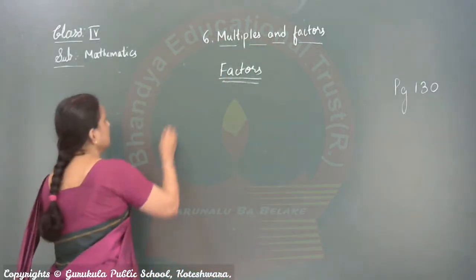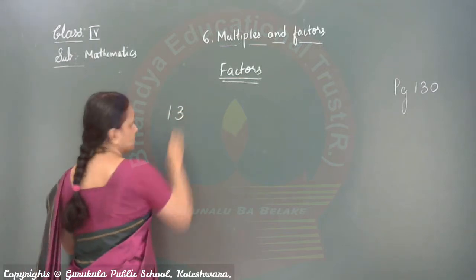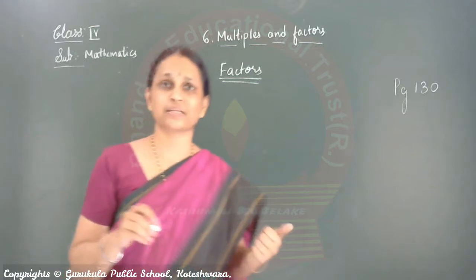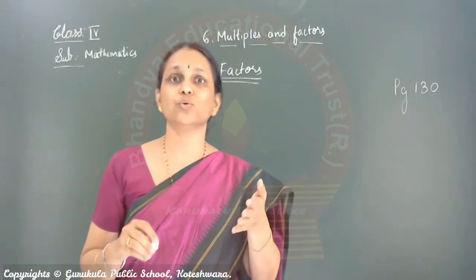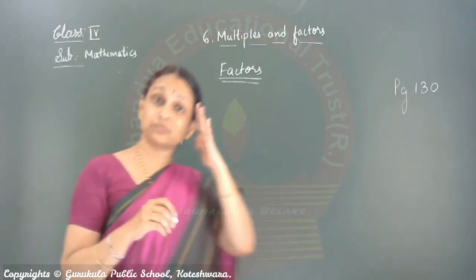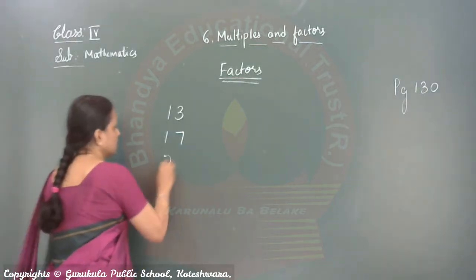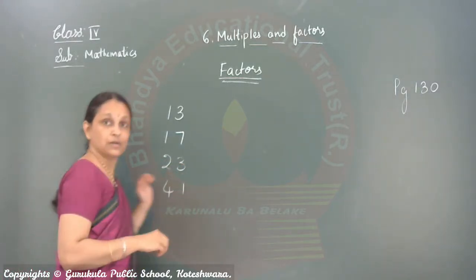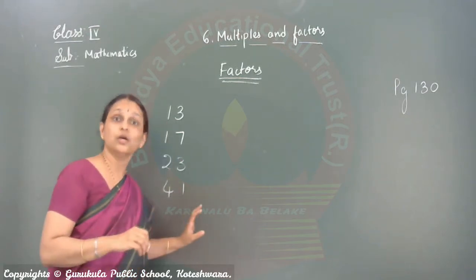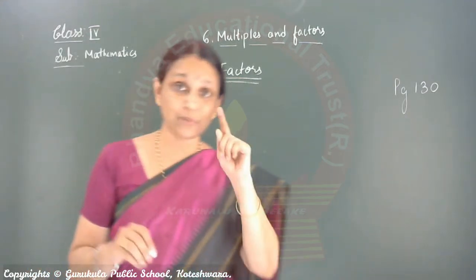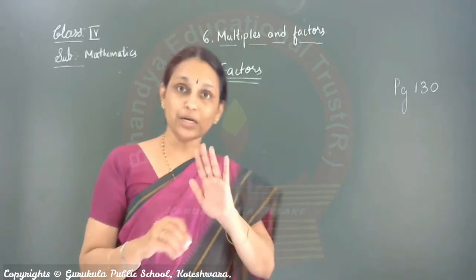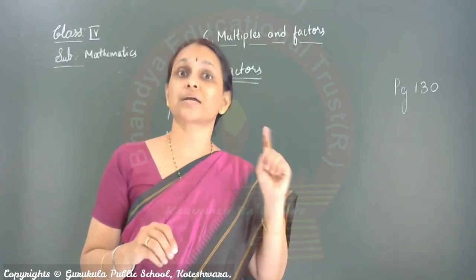For example, 13, 17, many numbers. You can also tell some examples. Of course, I cannot hear you, but you can write down and think. 23, 41, like this. Some numbers are there which will come only in the one's table. Observe whether these numbers come in any tables. They will not come. Such numbers are called prime numbers.